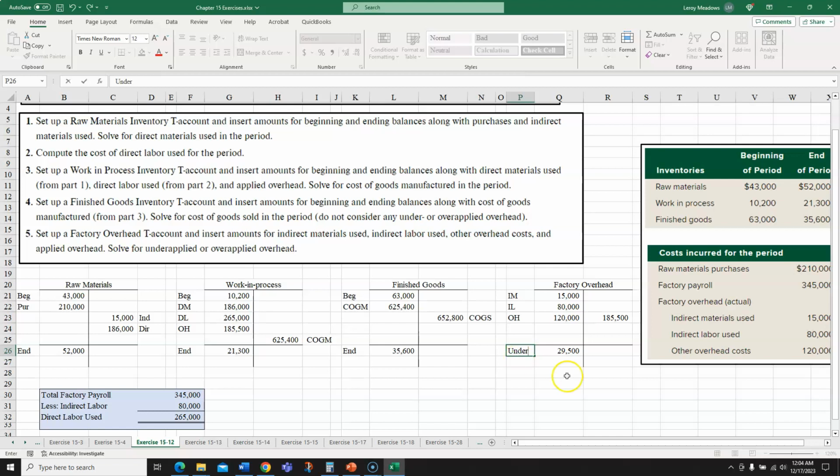I'm under applied because I have a debit balance here after I take into account everything else. Had I had a credit balance in the account, it would have been over applied.